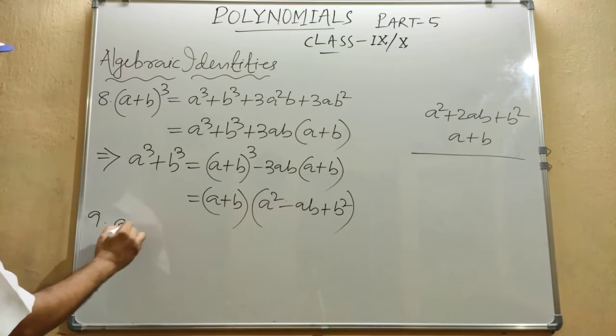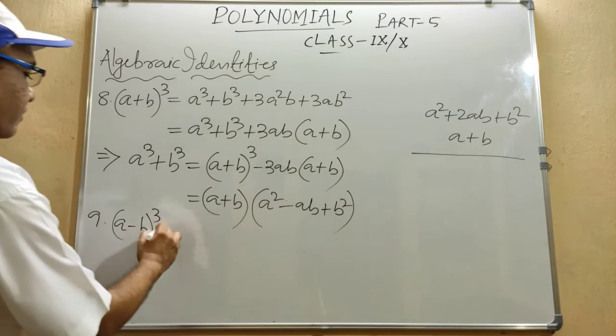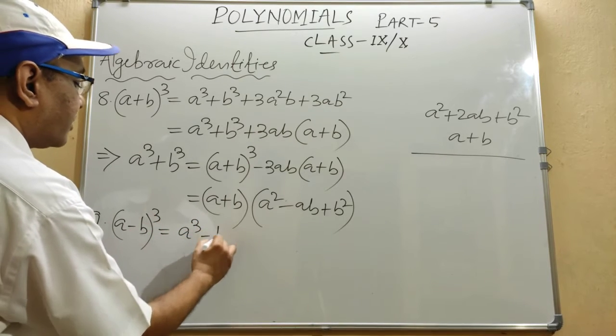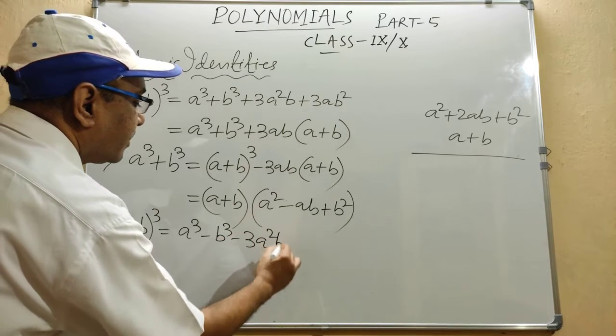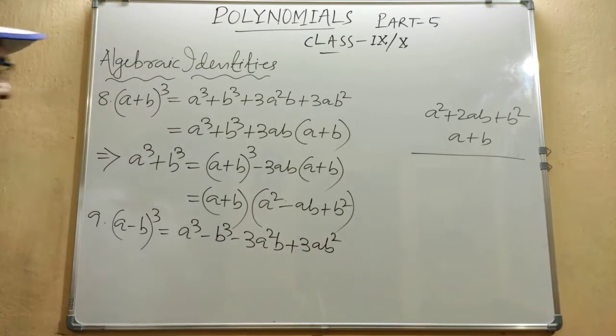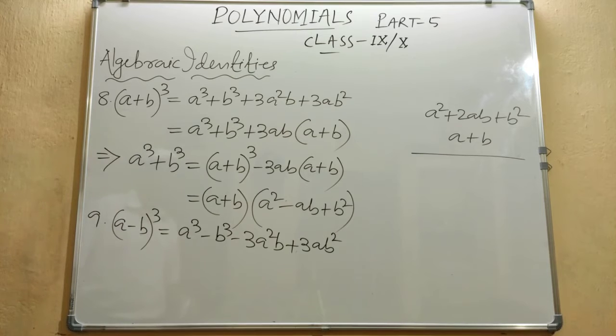Number 9: (a - b) whole cube is a cube minus b cube minus 3a square b plus 3ab square. In order to get the result, take (a - b) whole square, a square minus 2ab plus b square, and multiply it by (a - b).